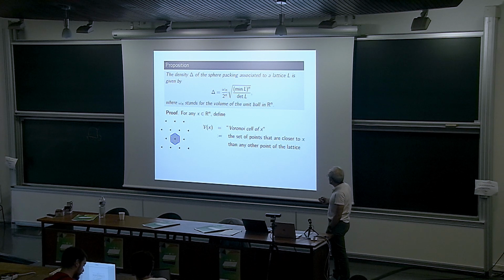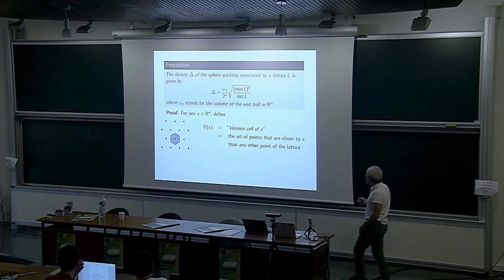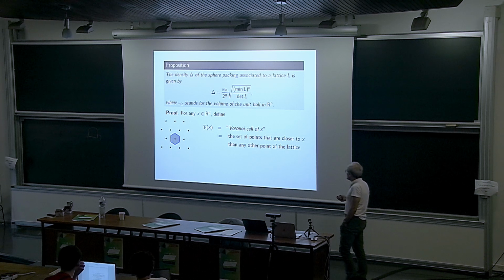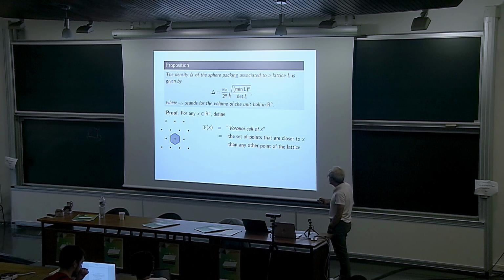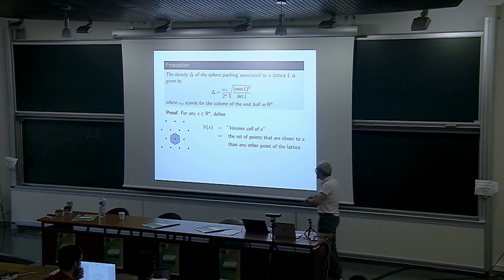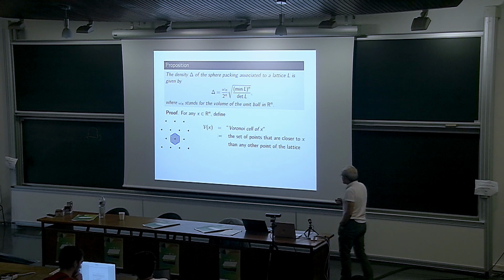Namely, one defines the Voronoi cell of a point of the lattice as the set of points which are closer to X than to any other point of the lattice. In this figure, it is the inside of the blue hexagon.